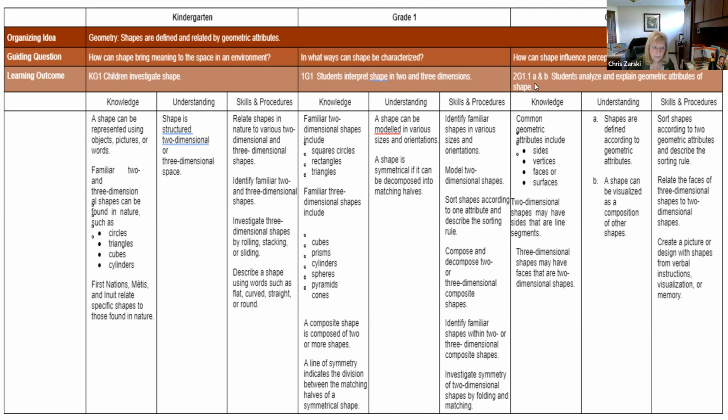When I go over to grade 1, I see a 0.1A and B. There were some exceptions where we took some of the understandings and labeled them A and B, because we felt that the A would have to be done before the B could be succinctly attacked. So we did separate those using the same numbering, but it will just say 0.1A and then 0.1B, so that you can see how that goes.